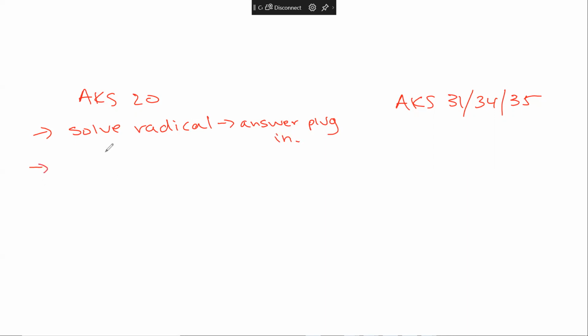On the next one, they're going to have something called a literal equation. This is the one that's probably going to freak you out because it's got a lot of reading. They're just trying to confuse you. All you need to do is, let's say you had something like this, and I said, solve for y.